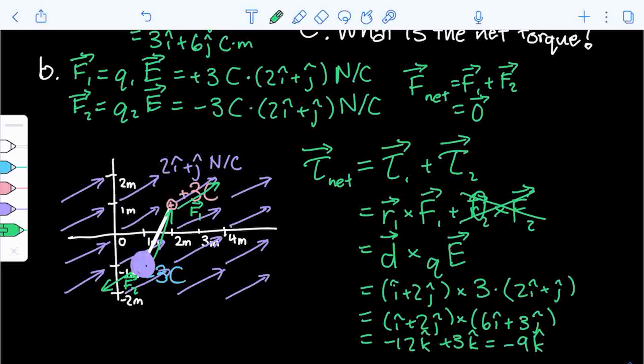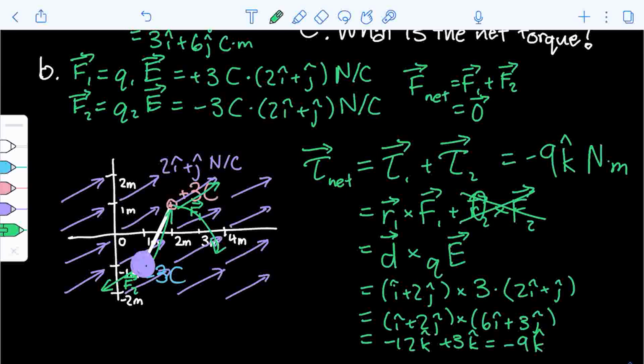So ultimately, the net torque is going to equal negative 9k hat newtons times meters. Okay, so just as a gut check, a negative torque should mean it rotates in the clockwise direction, and that feels accurate.